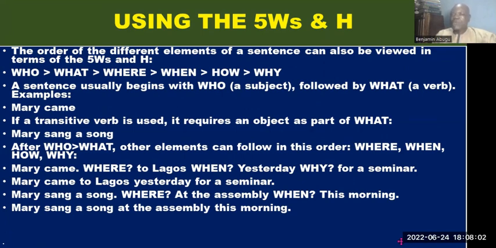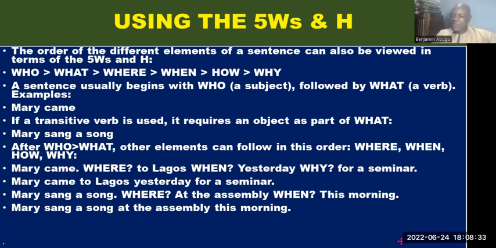All right, so we have arranged them in the order. So in other words, to make this clearer to you, you should understand that the order of the different elements of a sentence can be viewed in terms of these WH words and the how. All right, who, what, where, when, how, and why.